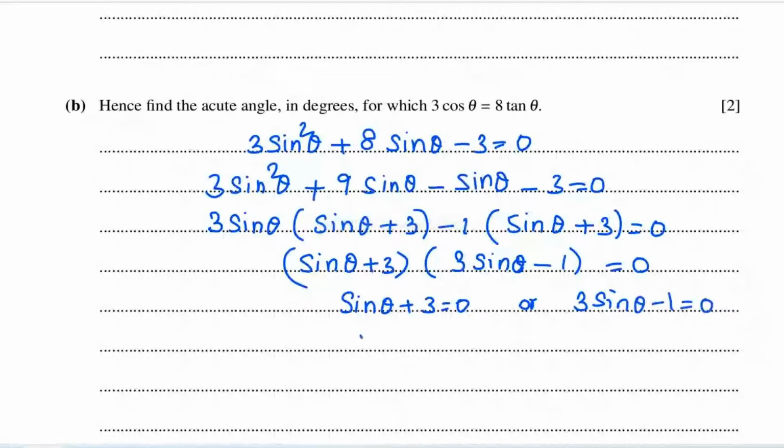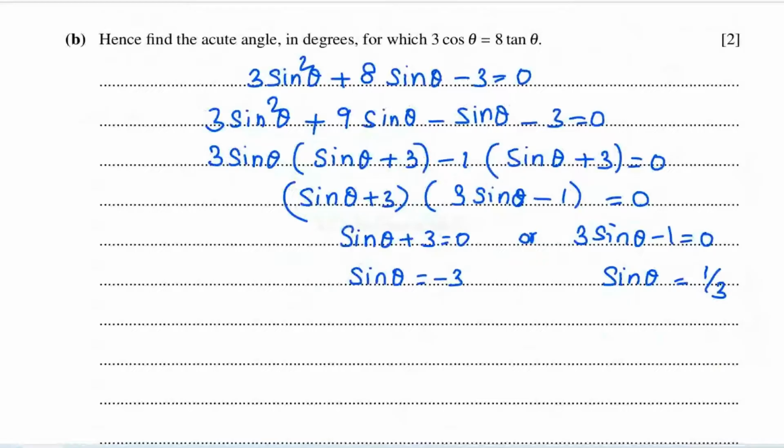So sine theta equal to negative 3, or sine theta equal to 1 over 3. So sine theta equal to negative 3, it's given find the acute angle, and we know that the sine function can give only values from negative 1 to positive 1.